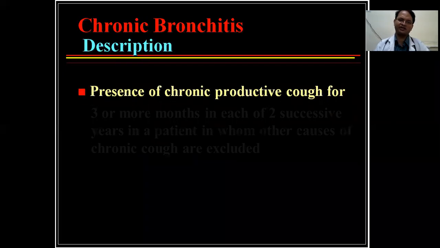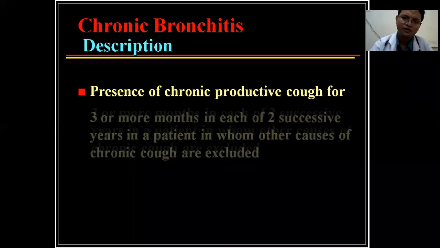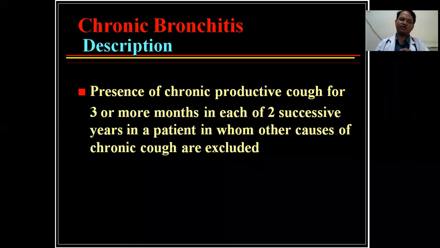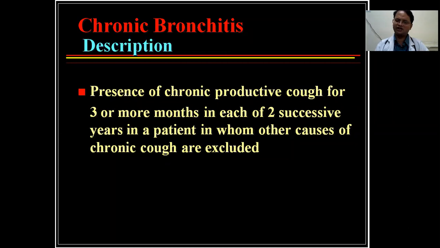About chronic bronchitis, the patient presents with a chronic productive cough for 3 or more months in 2 consecutive years in a patient in whom all the other causes of chronic cough are excluded. This is the definition of chronic bronchitis.